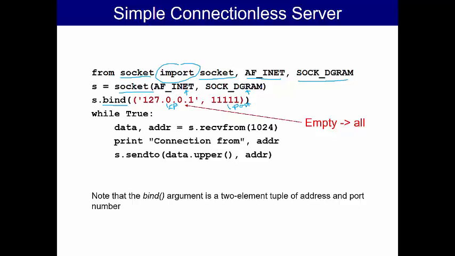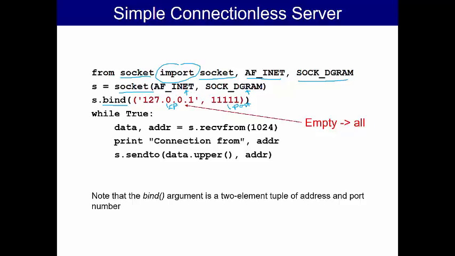And then while True, your server needs to receive. 1024 is the size of the data every time. So every time I pick that size, and then I can call it data and address.